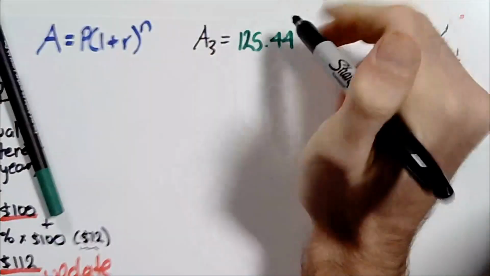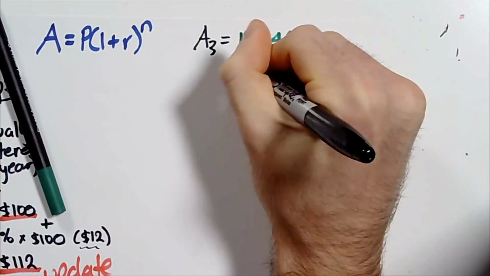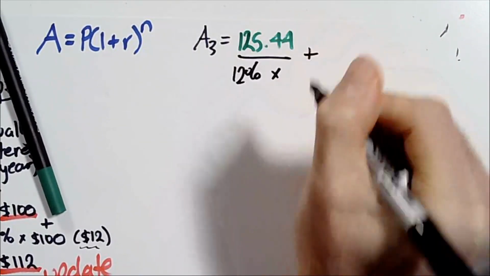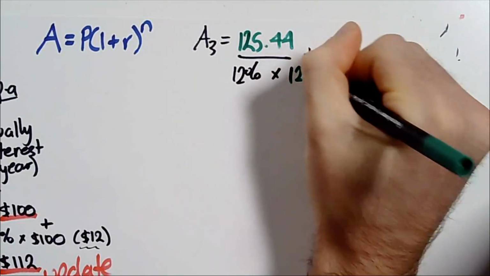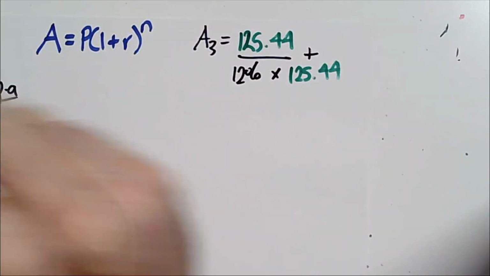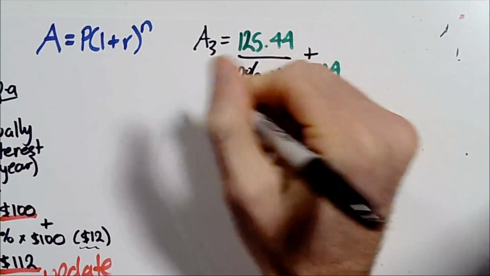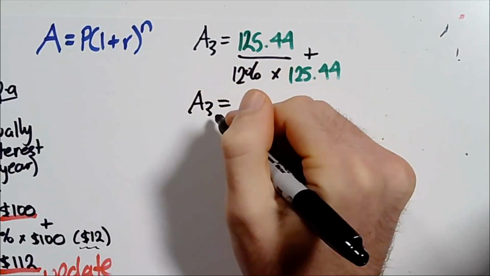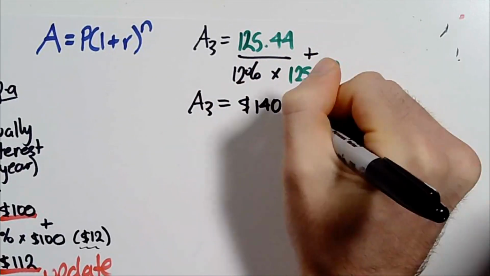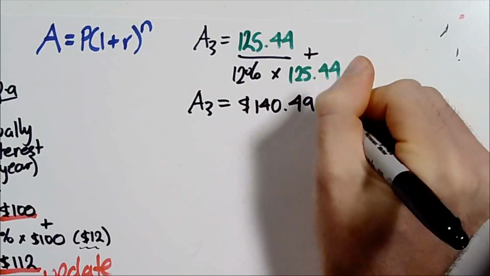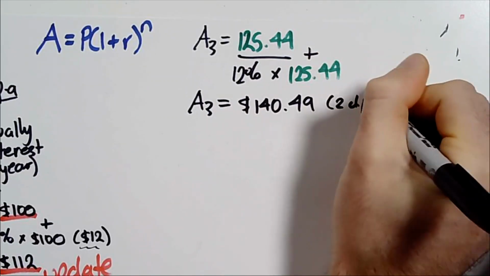$125.44. And as before, you are then going to get 12% on that amount, not on the $100, not on the $112, but on that new updated amount. And once we add that on, we'll see that the amount after 3 years that the bank owes us is $140.49, and that's rounded to 2 decimal places.